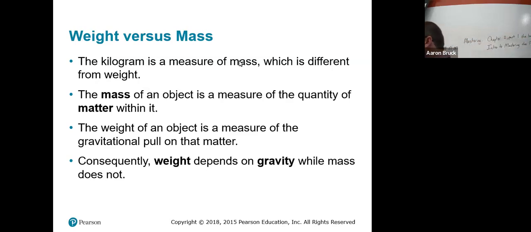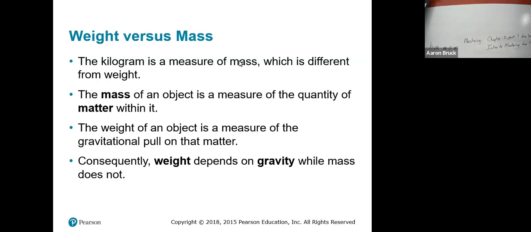And so when we take the measurement of mass, we're usually actually measuring weight. So if I go to the lab and I measure out the mass of this marker, unless my balance has been calibrated to remove the force of gravity from the calculation, it's just going to measure the weight of this object.